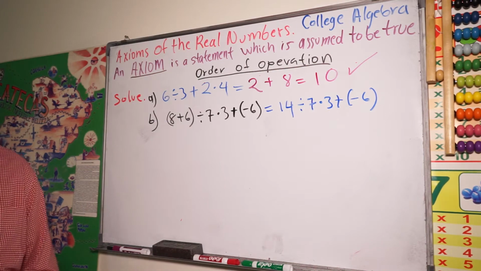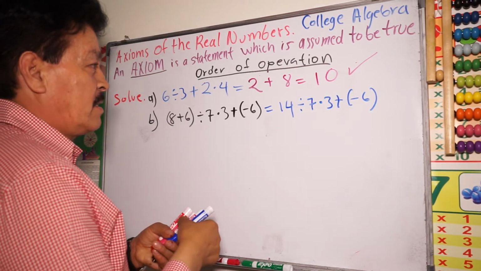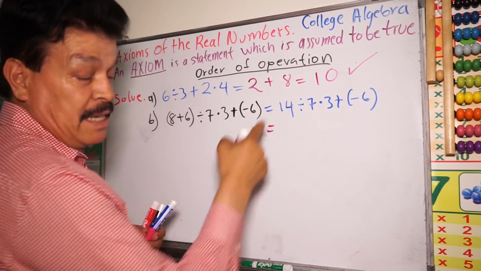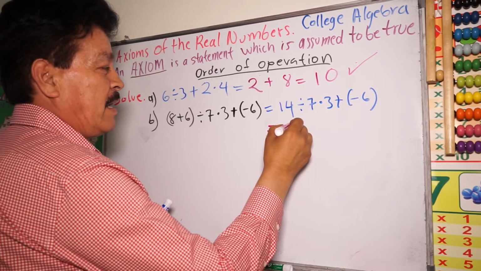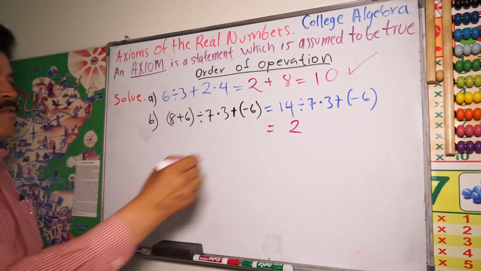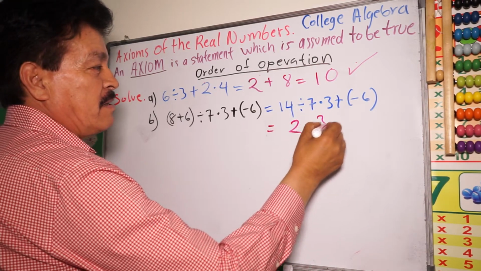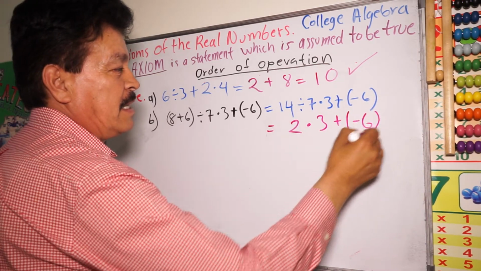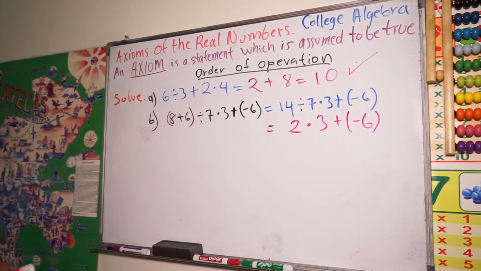Next step, I'm going to divide, so divide right here. 14 divided by 7 is 2. All right? See? Now you have 2 times 3 plus negative 6.